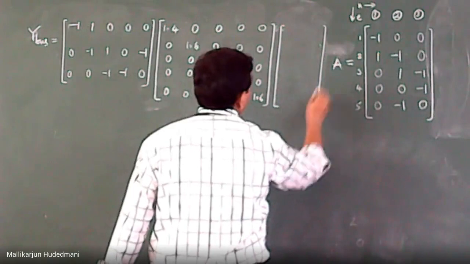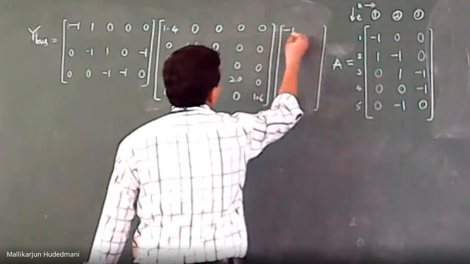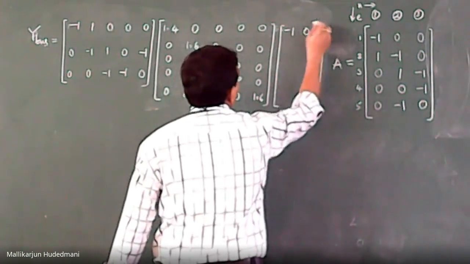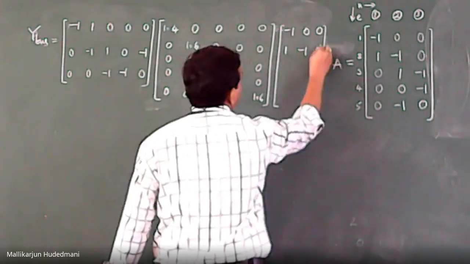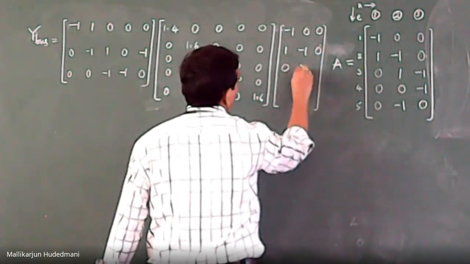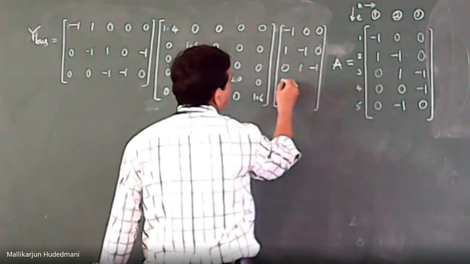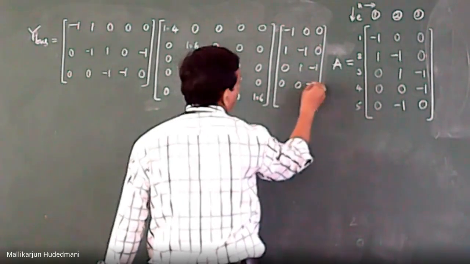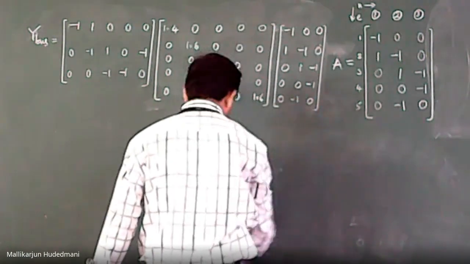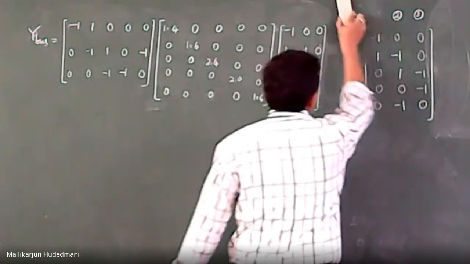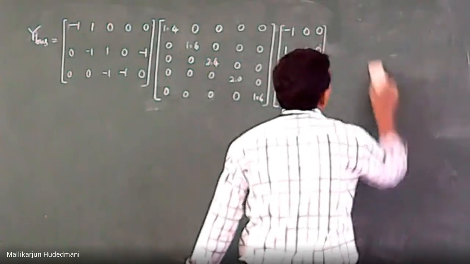I will just redraw the same thing. Minus 1, 0, 0. Next is 1, minus 1, 0. 0, 1, minus 1. 0, 0, minus 1. 0, minus 1, 0. Now, I don't require this also. I delete it.